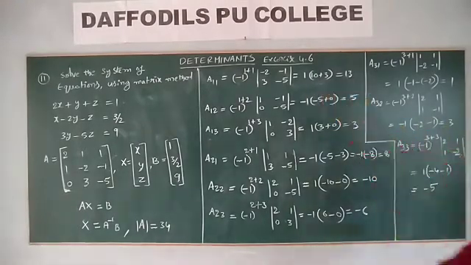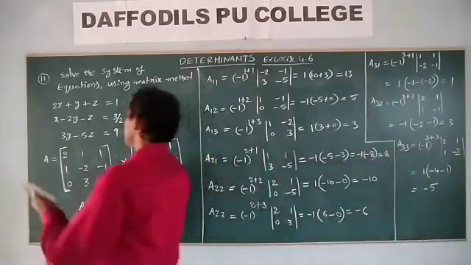So, cofactors completed: A11, A12, A13, A21. All completed. Write them in one bracket, one matrix.